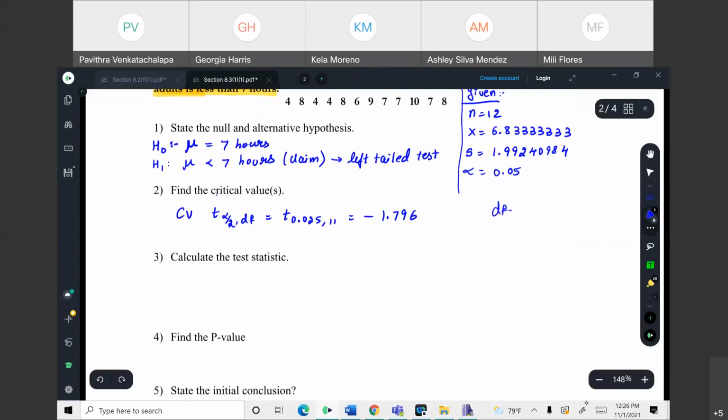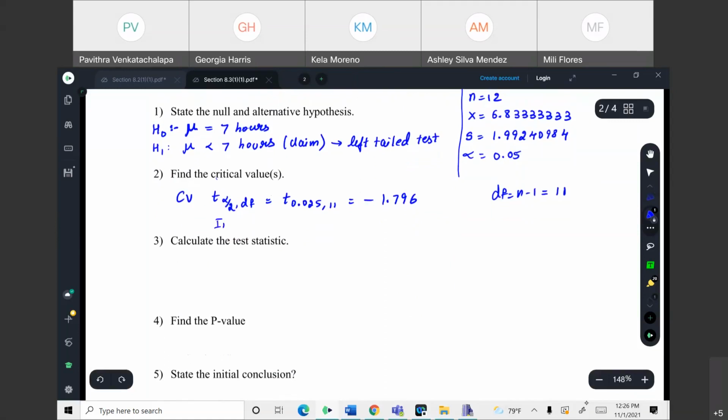Degree of freedom will be equal to n minus 1, which is equal to 11. So you can use inverse T in your calculator and find the area. Inverse T 0.025 comma 11 as your degree of freedom, and you will get this value.